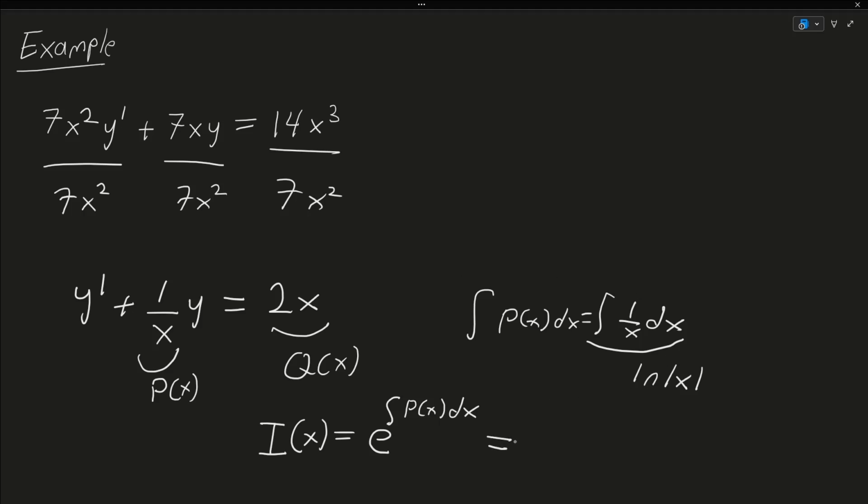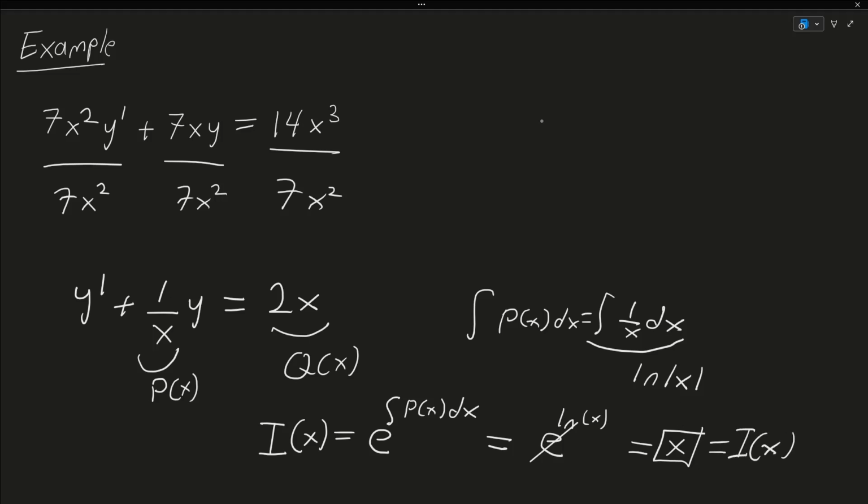So the I of x term will be e to the ln of x. Okay? Now that we have this, from algebra you know that these ultimately cancel, so you're going to have x here. So your integrating factor is x.